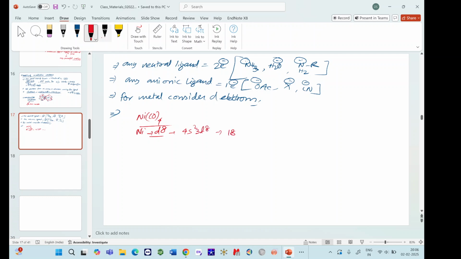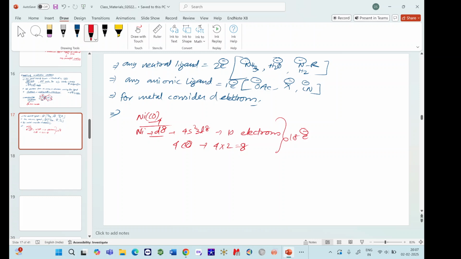Total is 10 electrons, and you have 4 carbonyl. So 4 into 2 is 8 electrons. So altogether you have 18 electrons.